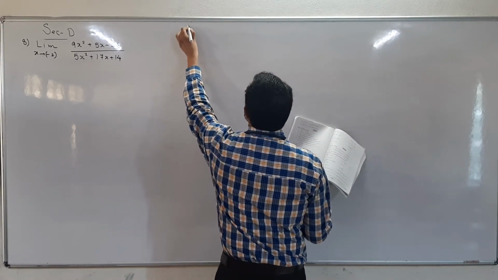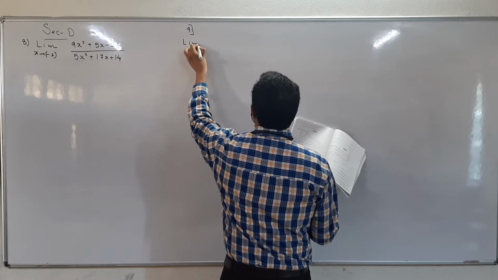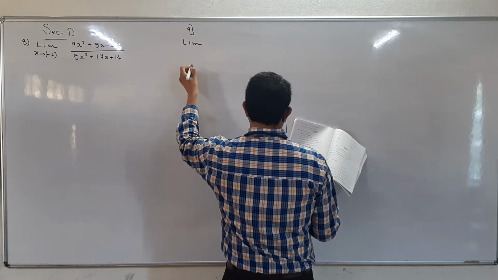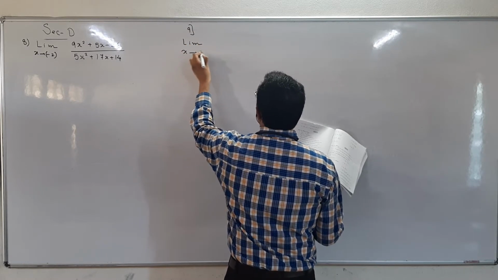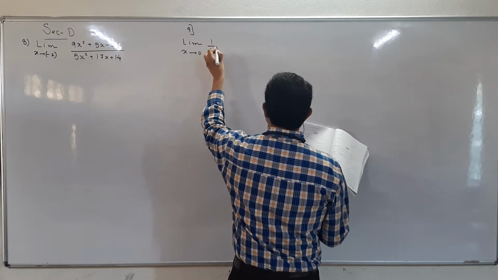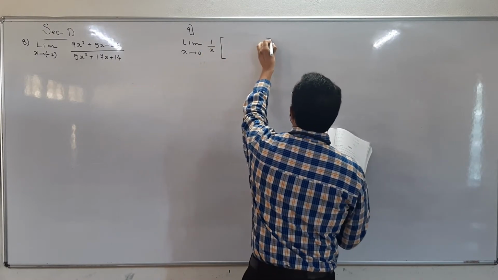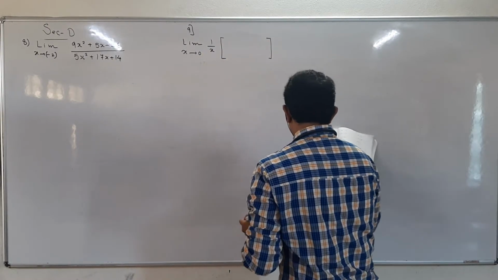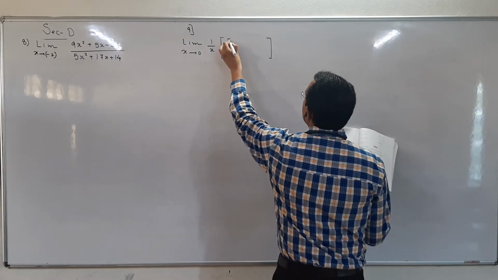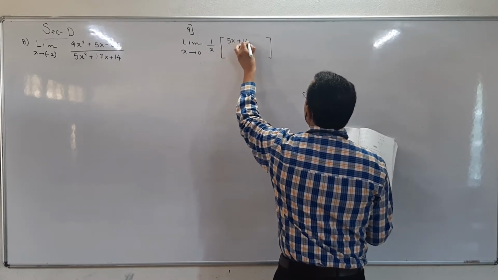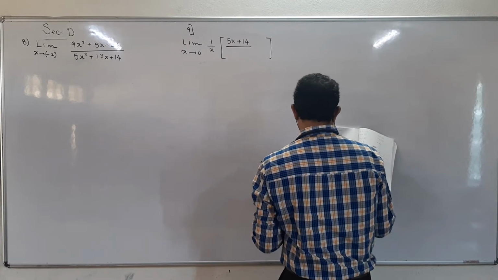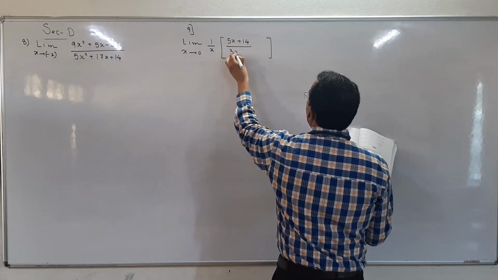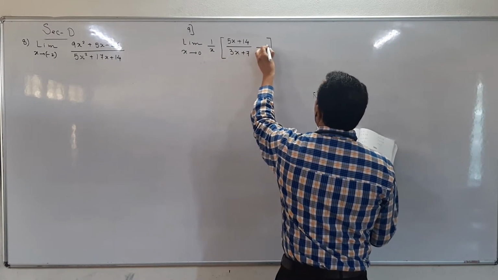The ninth question I am writing: limit x tends to 0, 1 by x into bracket (5x + 14) divided by (3x + 7) minus 2.